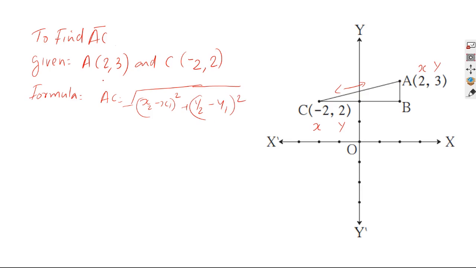But here you see that we can simply say that A is denoting x1, y1, no problem, and C is denoting x2, y2.